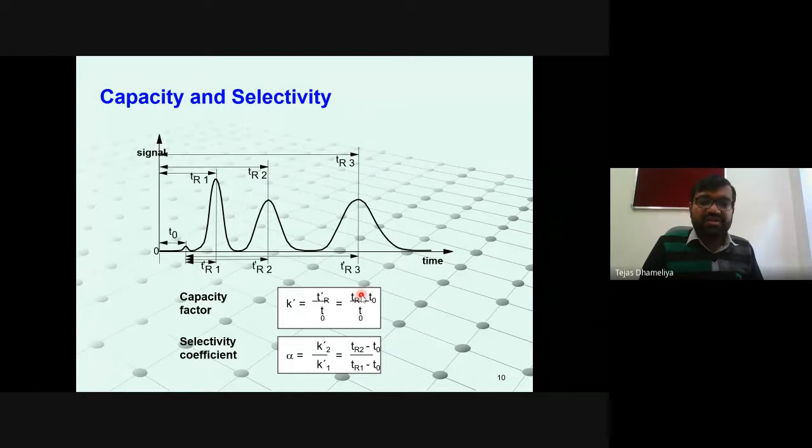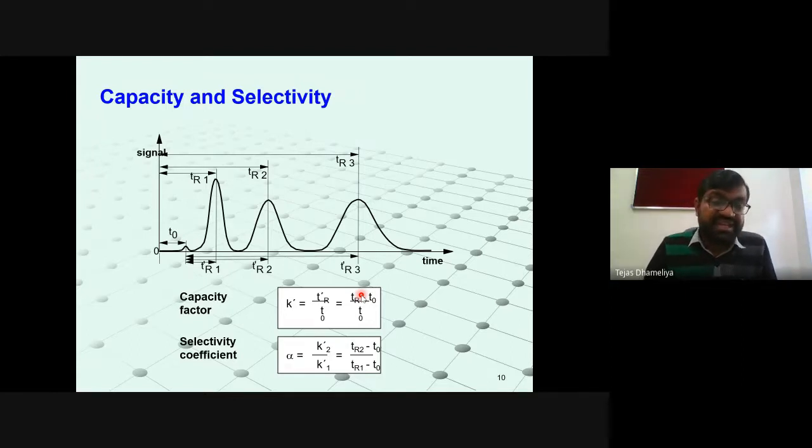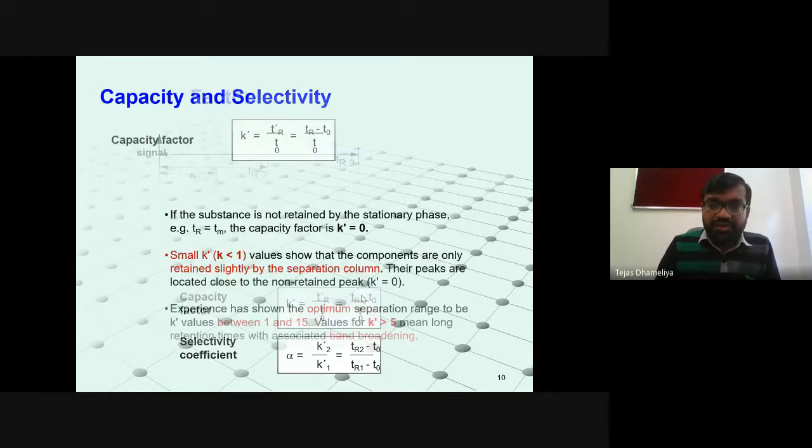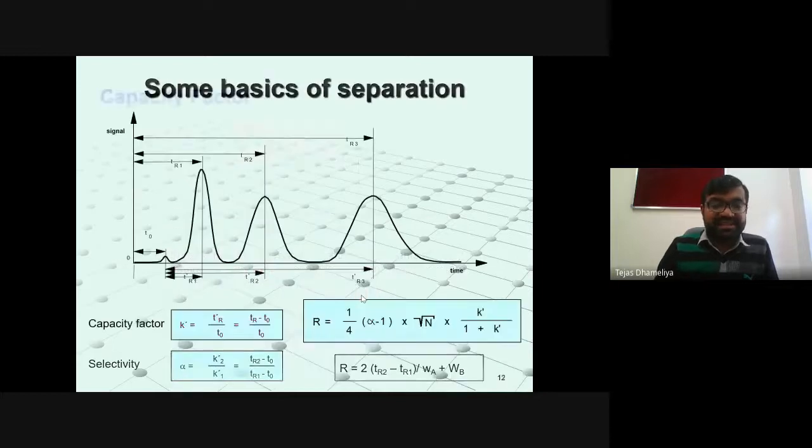That is called solvent selectivity coefficient. And for different peaks, we can calculate this capacity factor and selectivity coefficient. You may ask me what is the significance of this.